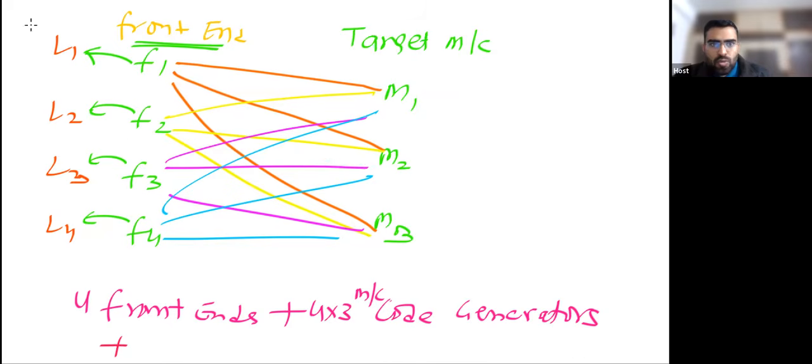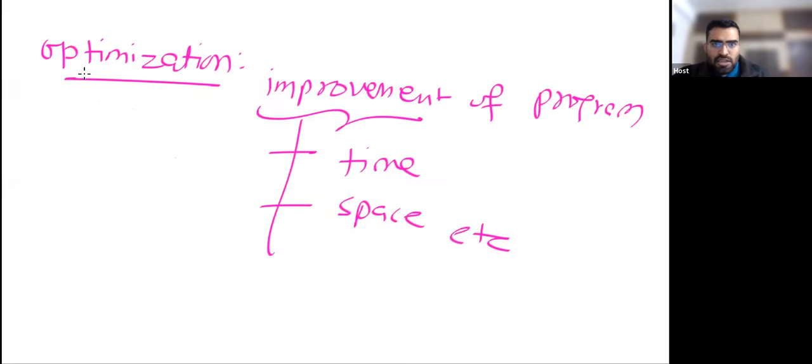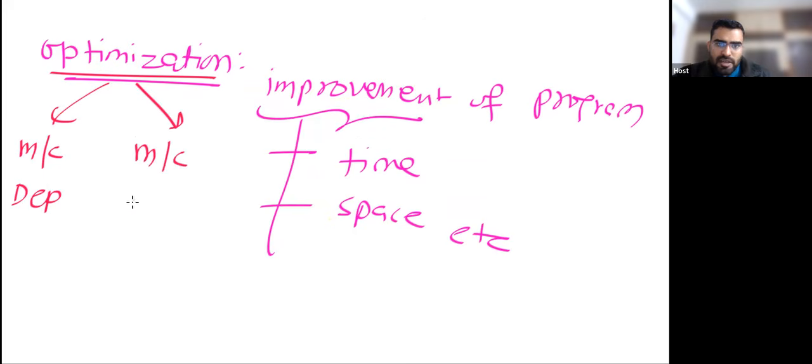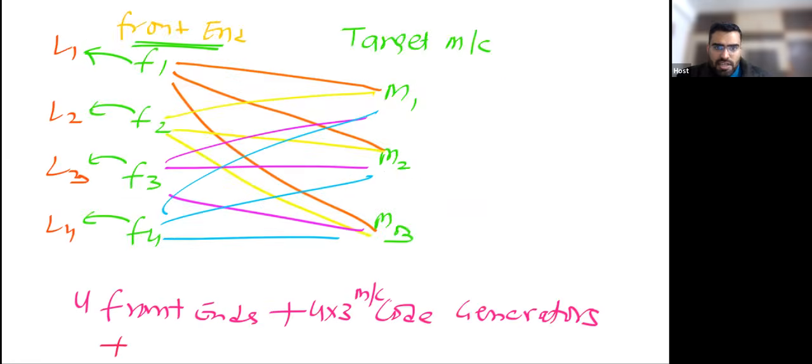For this combination, what is the optimizer? Let me tell you one more thing: optimization is done 2 times actually. I will tell you where this is done, but optimization is machine dependent and also machine independent. There are 2 types of optimization: machine dependent and machine independent. So you can notice that we need 12 optimizers.